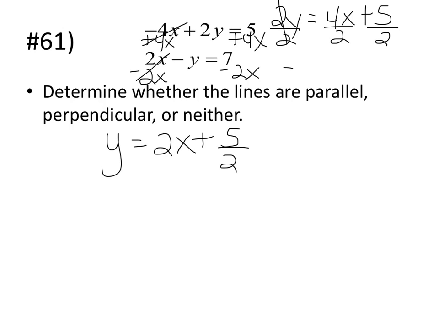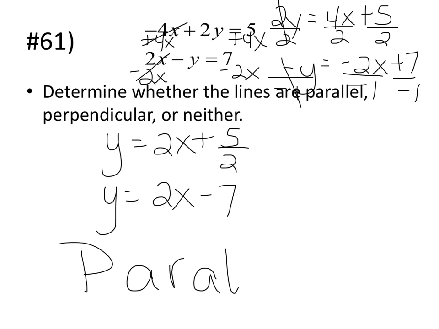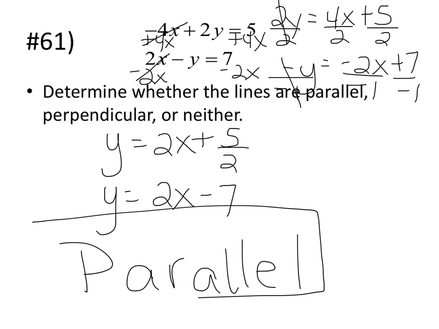So I'm going to have negative y is equal to negative 2x plus 7. Then divide everything by negative 1, giving me y is equal to 2x minus 7, because a negative and a negative give me a positive. Now let's look at my slopes. 2 and 2. They are the same, so that means these are parallel lines. If the slopes are the same, the lines are parallel.